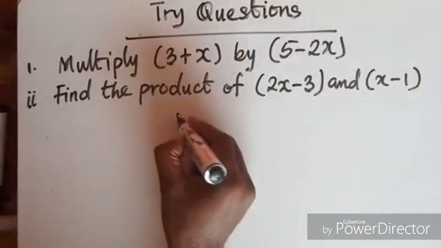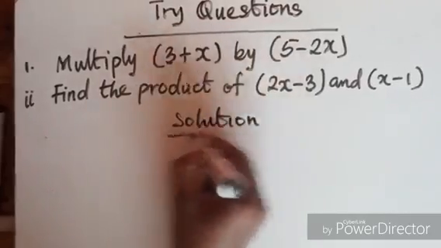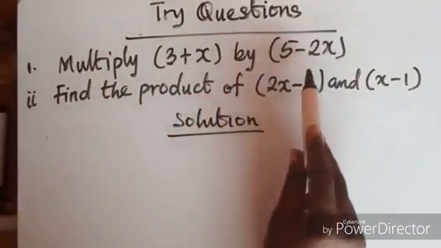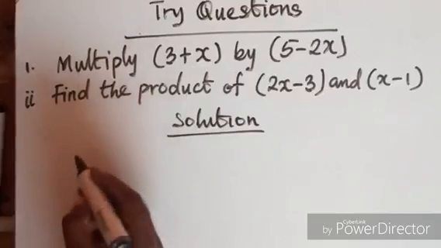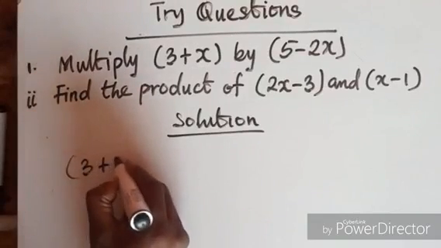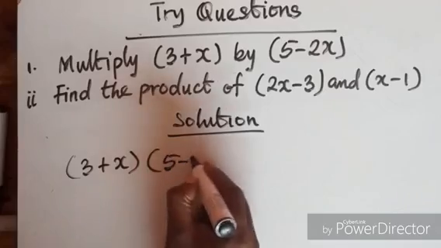Solution. The term is multiplying 3 plus x by its multiplication. So I have got 3 plus x by 5 minus 2x.